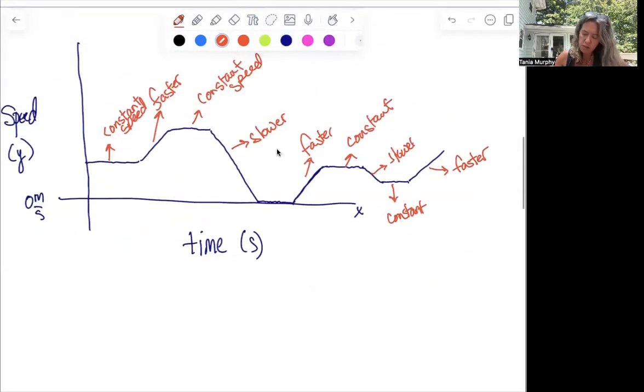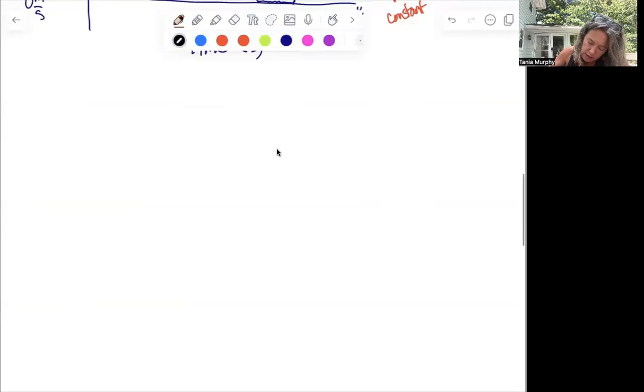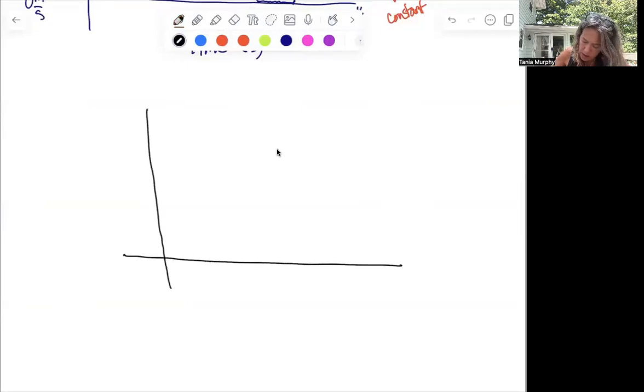Now, the last thing you need to be able to do is to use this graph to calculate your acceleration. All right. So let's just go 0 meters per second, 0 seconds. This will be our speed. This will be our time.